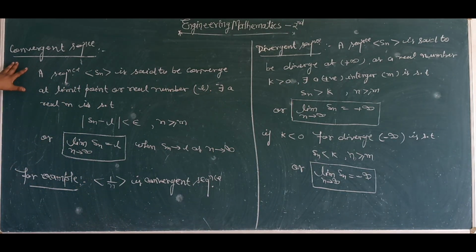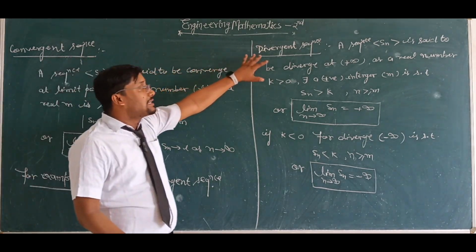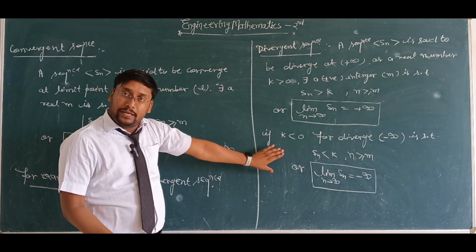There are two important conditions of a sequence. First is convergent and second is divergent: divergent to positive infinity, and divergent to negative infinity.